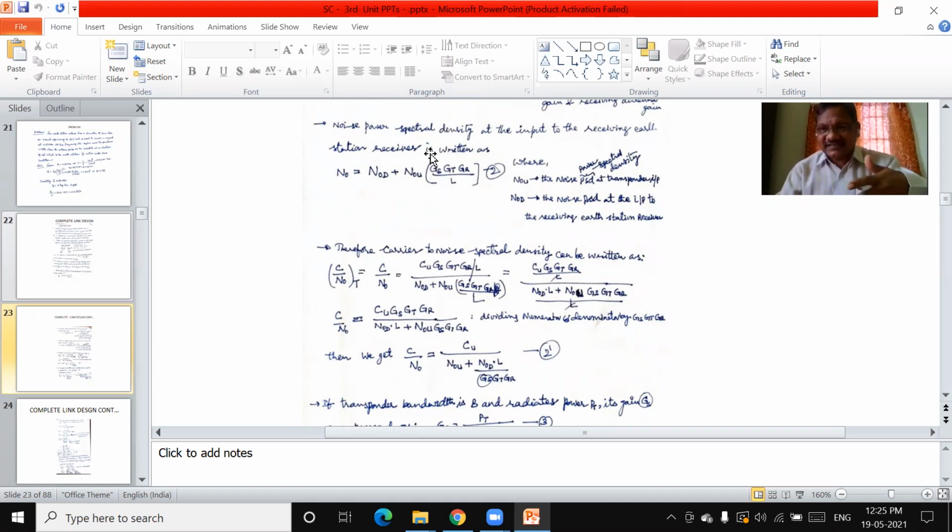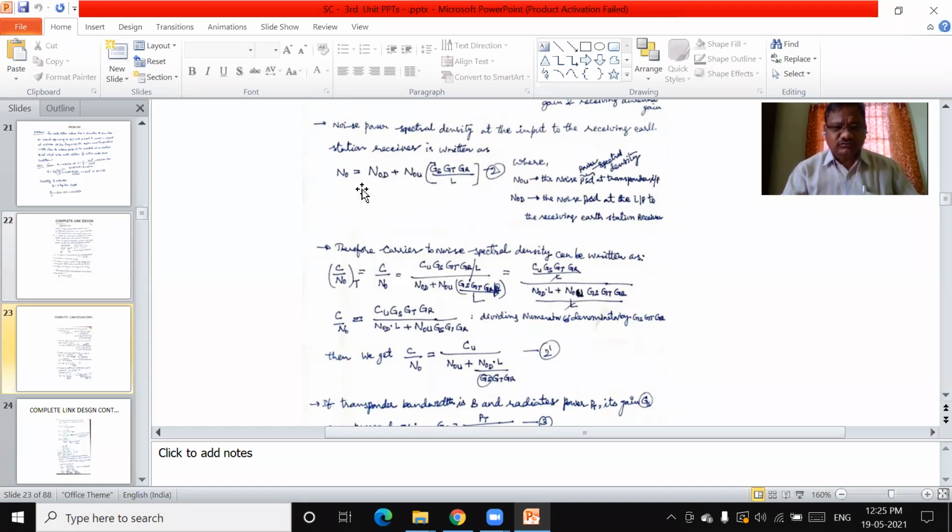Noise power spectral density. You need to know noise power spectral density because you are talking about C by N naught T, carrier to noise power spectral density total. Therefore, noise power spectral density at the input to the receiving earth station receiver is written as N naught.